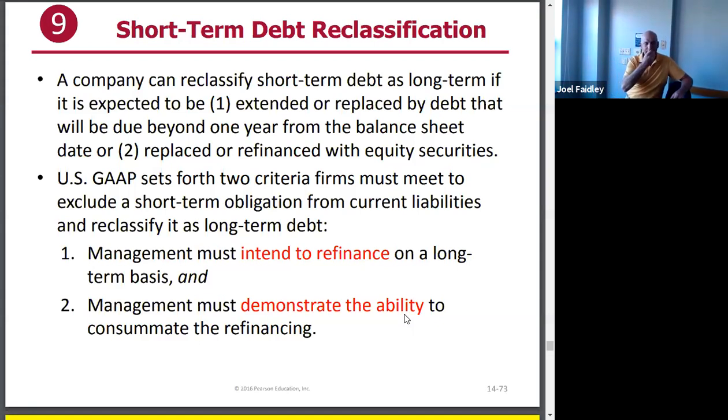Let's just say that your books close on December 31, and you have just a few days to close your books, maybe 5 days. And at the time when you close your books, you have a difference between your short-term and your long-term liabilities based on what your knowledge was at that time.